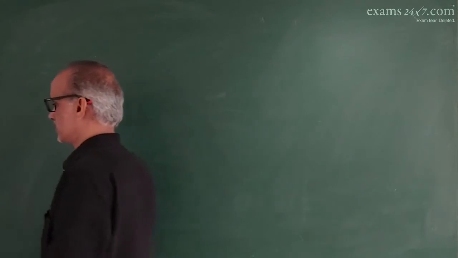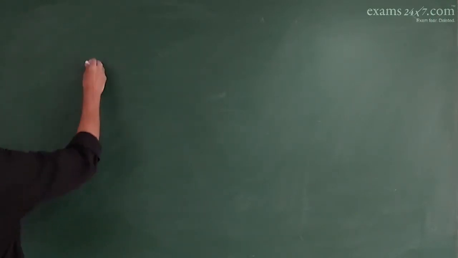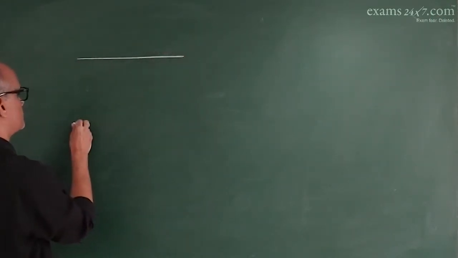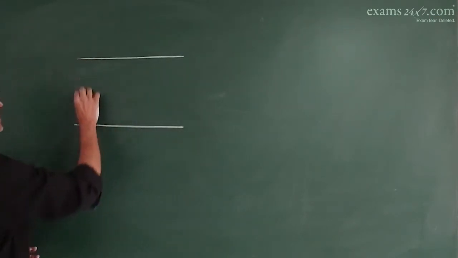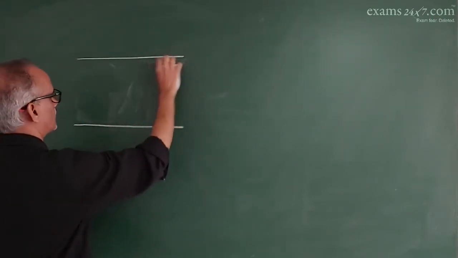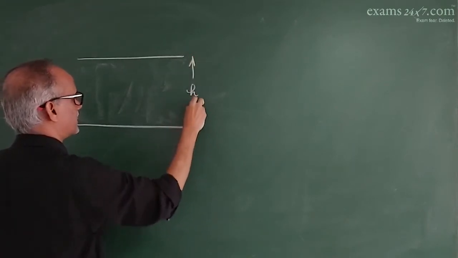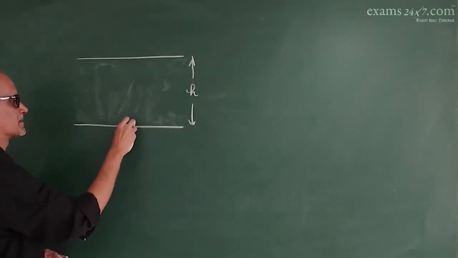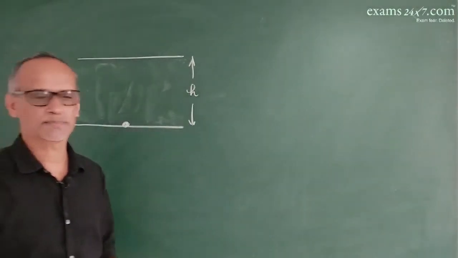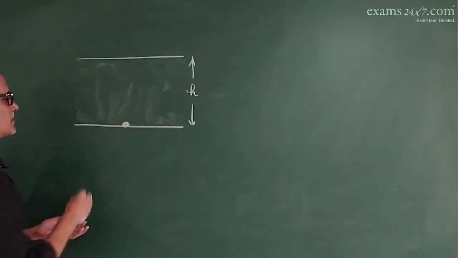Related to the critical angle, we have a special case. Inside a pool of water, at depth h, a source of light is placed, and it emits light in all directions.